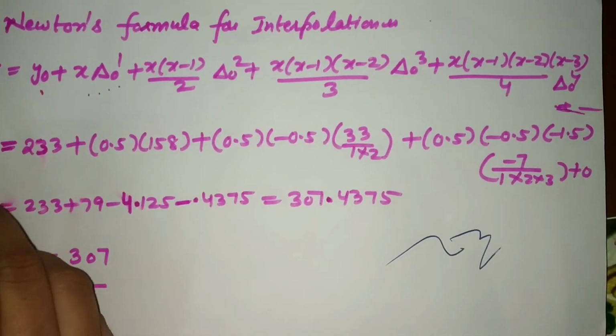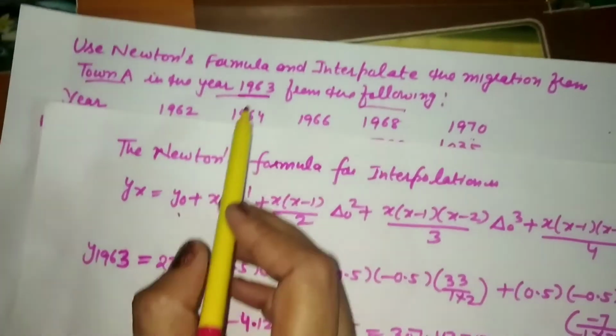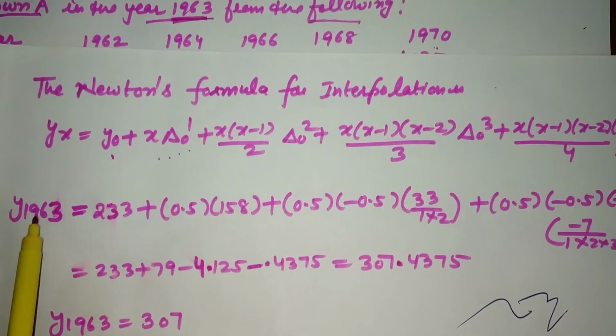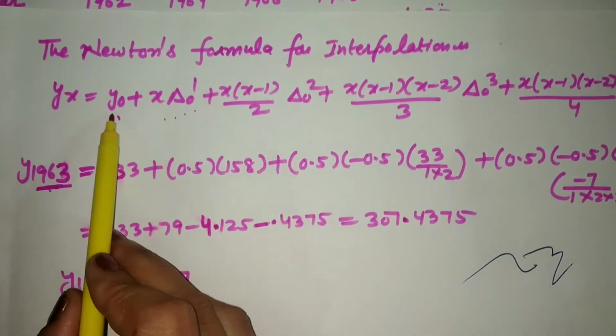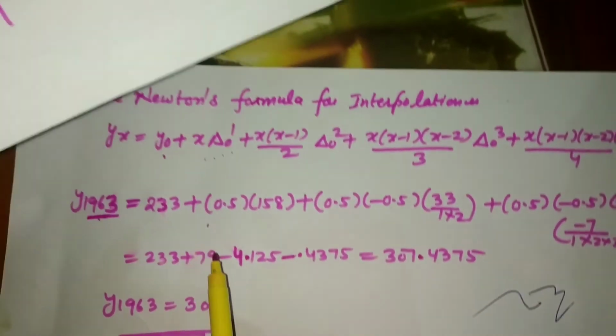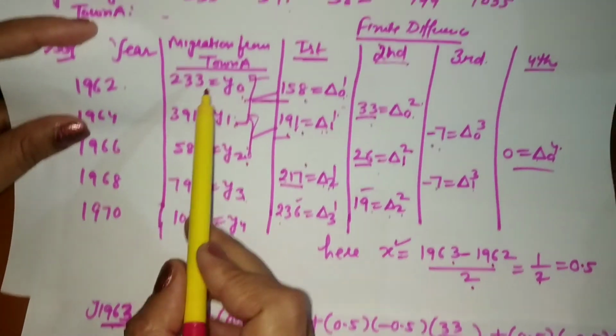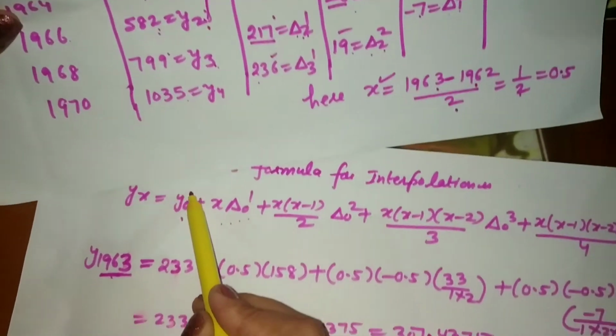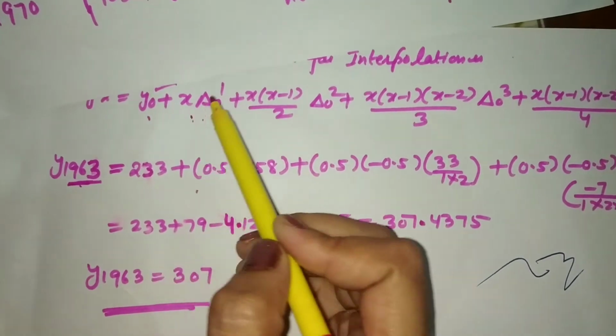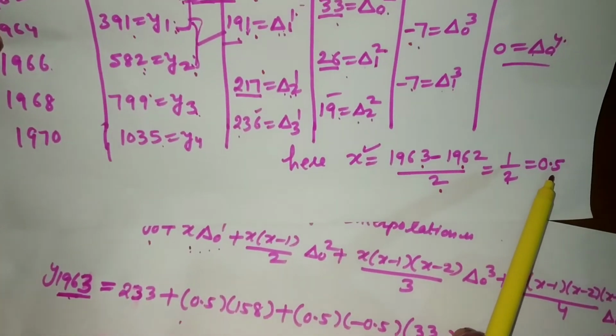Here x is given as 1963. Y0, if we look at our statement, is given, that is 233. I have put it here. Then next is x, which I have already calculated, that is 0.5.